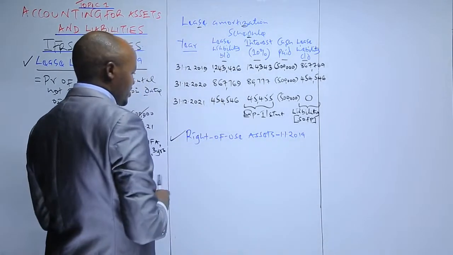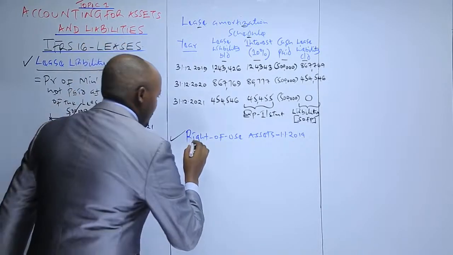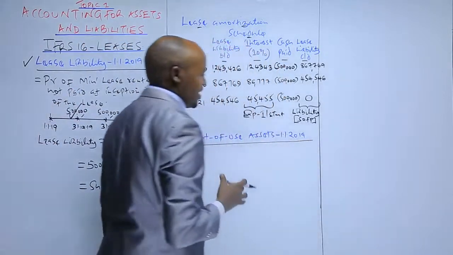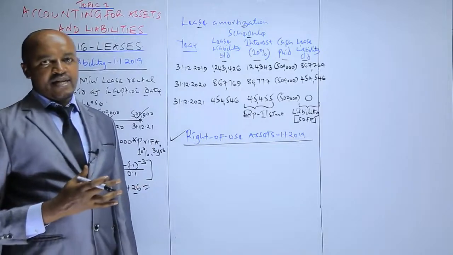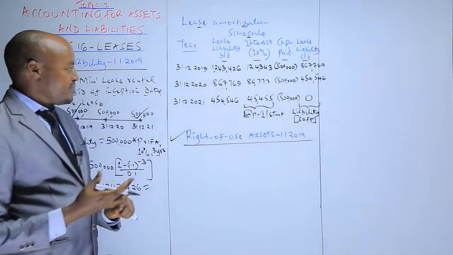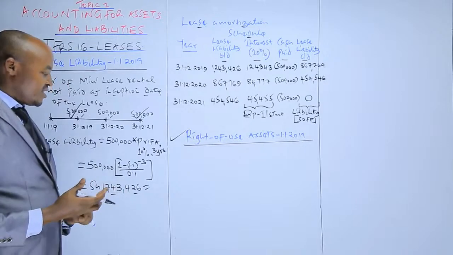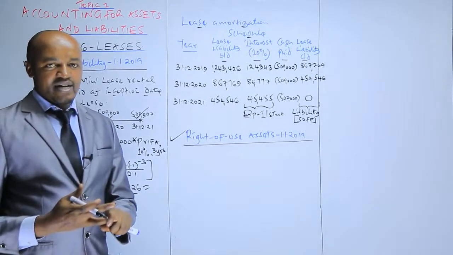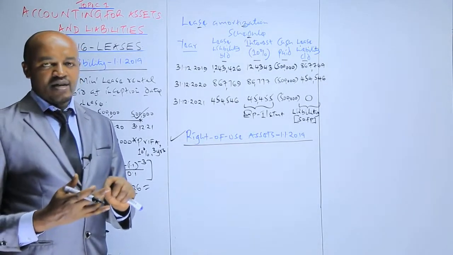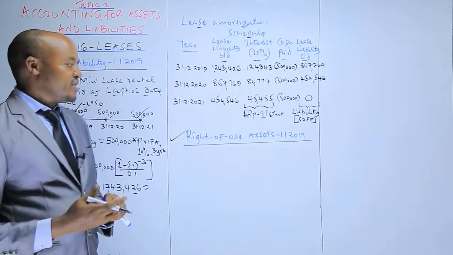Remember, we have said that we determine the right of use asset by adding three items. One, the lease liability at the inception date of the lease, which you have already determined. To that, we add any payment made before or at the commencement date of the lease.